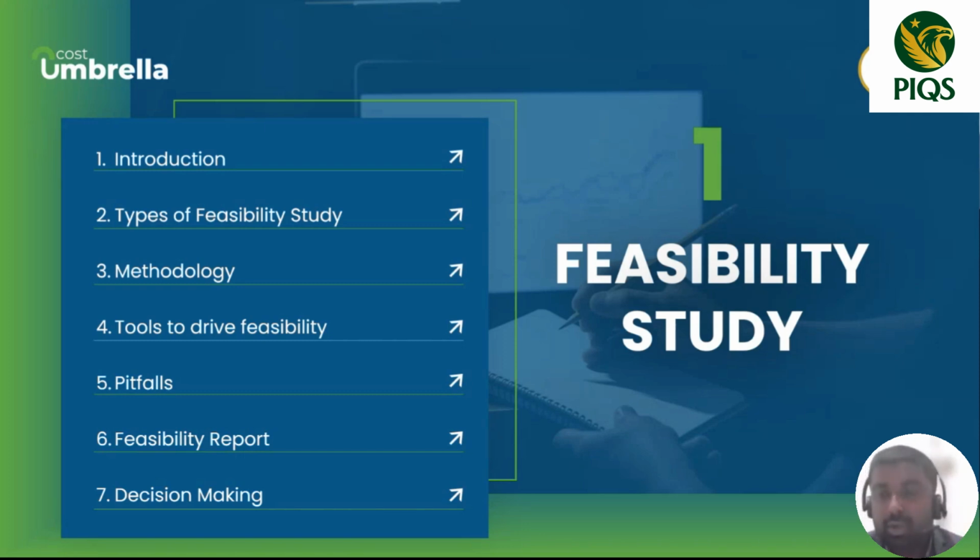Then, obviously, we need to know why we are failing in feasibility studies, or why we are not getting the real benefits or outcomes from them. Later we move on to the feasibility report and what is available in it. Lastly, we will look at decision making, how we can use a feasibility report to make effective project decisions. So can we go to the first topic, introduction to feasibility studies?